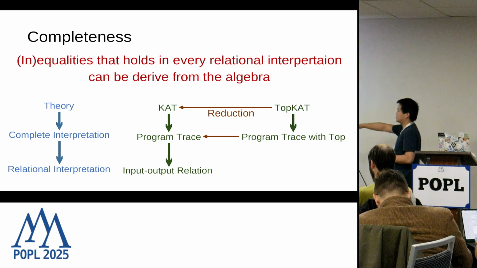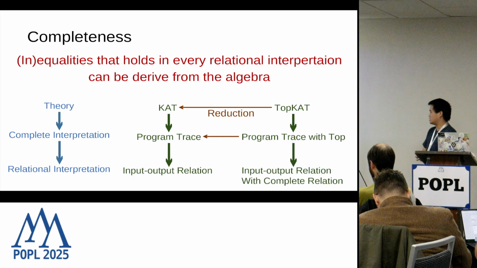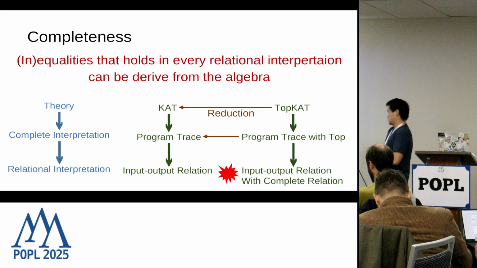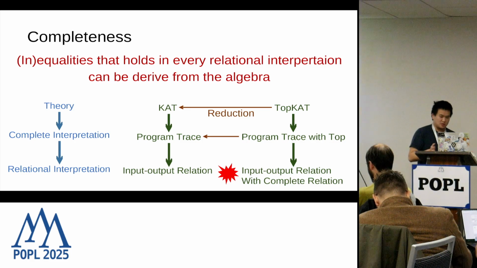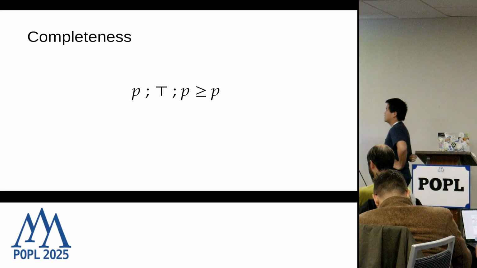So we can push the reduction down each step. And it turns out that if we want to push the reduction down for relational models, everything blows up. Indeed, the relational model turns out to be incomplete with TopKAT. And this is an inequality that we discovered in 2022.